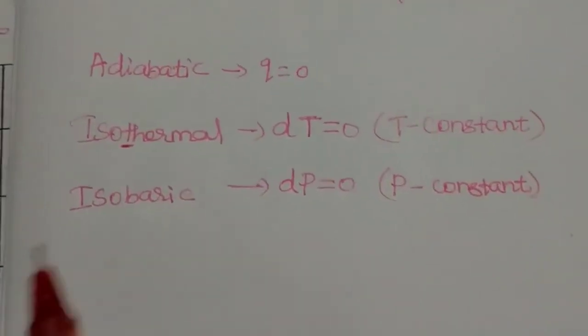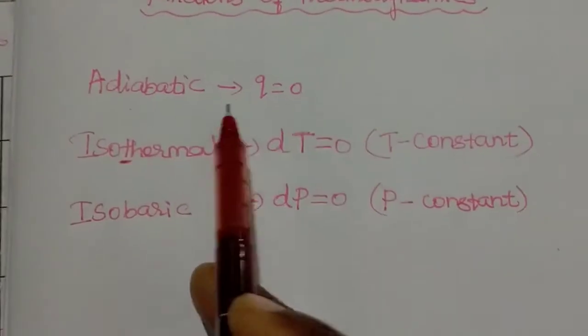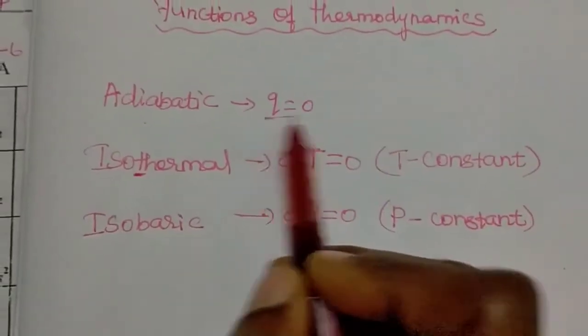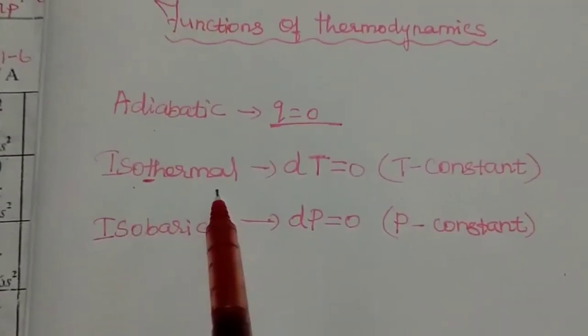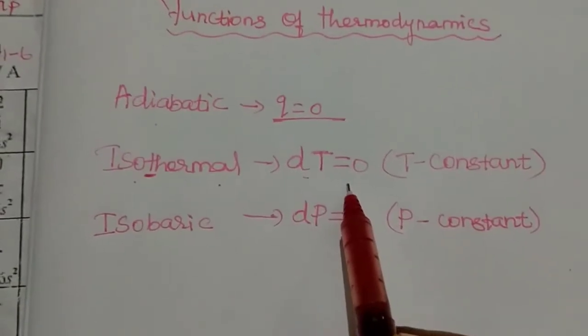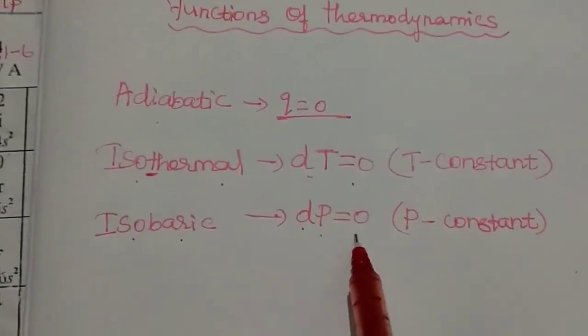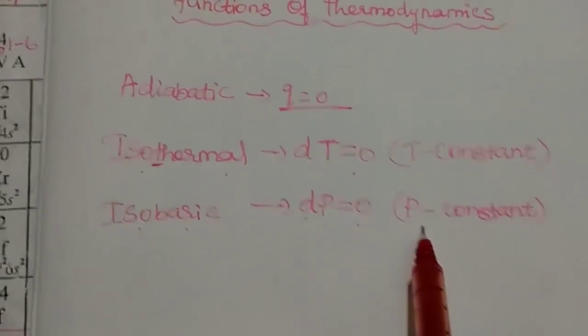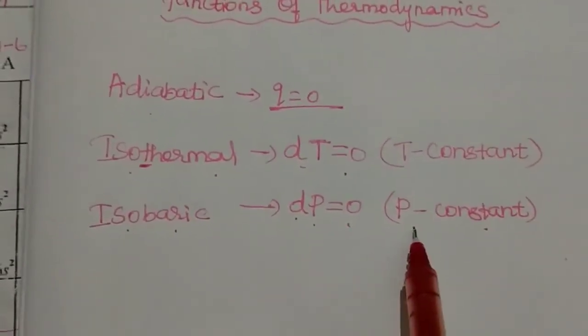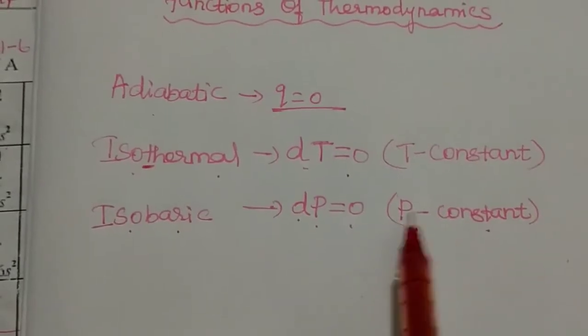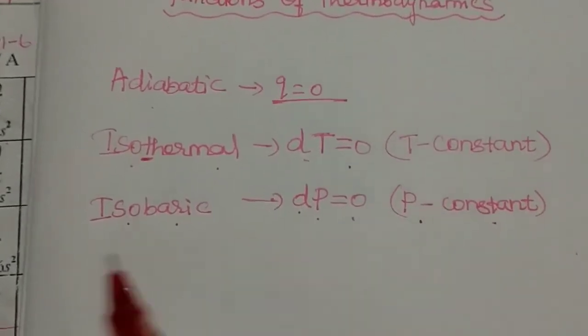So in adiabatic process, the condition is Q is equal to 0. Isothermal process, dT is equal to 0. Isobaric, dP is equal to 0, meaning pressure is always constant from the initial to the final stage.